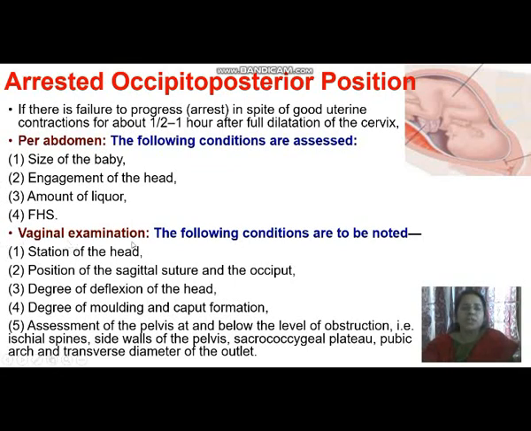Okay, then vaginal examination should be done. That is, you have to check for the station of the head, position of the sagittal suture and occiput, degree of deflection of head, degree of molding and caput formation, assessment of pelvis at and below the level of obstruction. So all these things should be checked in the arrested occipito-posterior position.